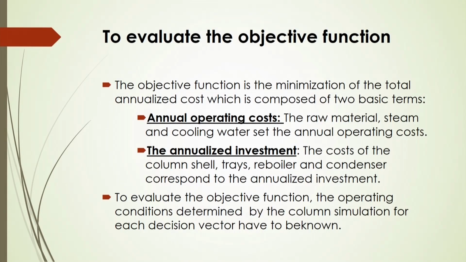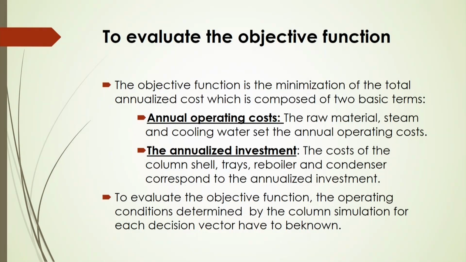This is called annual operating cost and the annualized investment. The annual operating cost will come based on the raw material, steam and cooling water that is set for the operation annually, and it will be considered the annual operating cost.